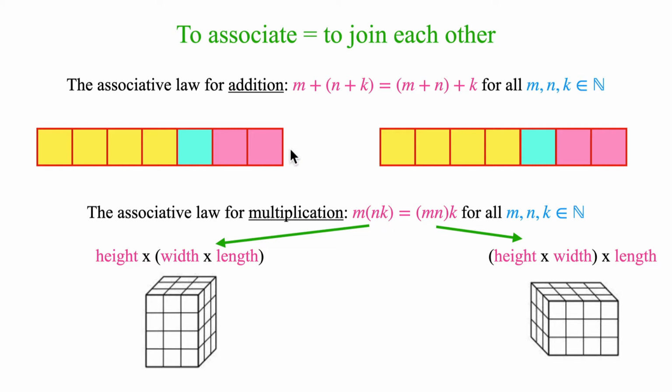And the illustration would be for addition: if you have 3 groups of elements, one with m elements, the second one with n elements, and the third one with k elements, then if you count all the objects together in the 3 groups, it doesn't matter if you first put together the elements in groups 2 and 3 and then add this number to the number of elements in group 1, or you put together the first 2 groups and then add the number of the elements in the third one. It's the same result. And the associative law for multiplication can be illustrated with volumes.